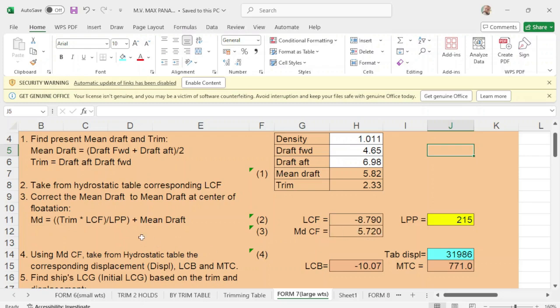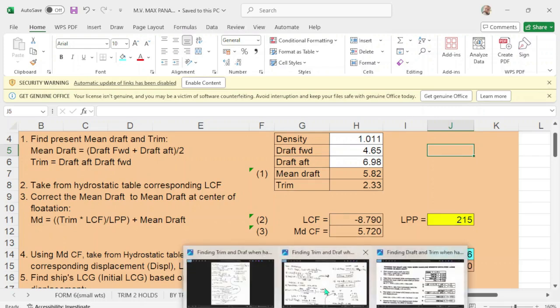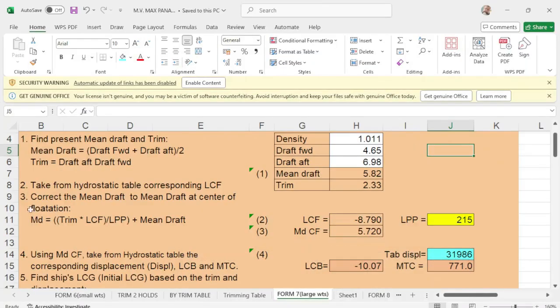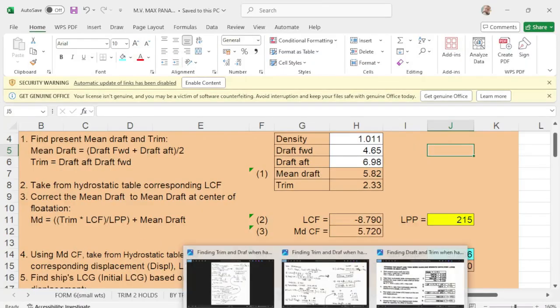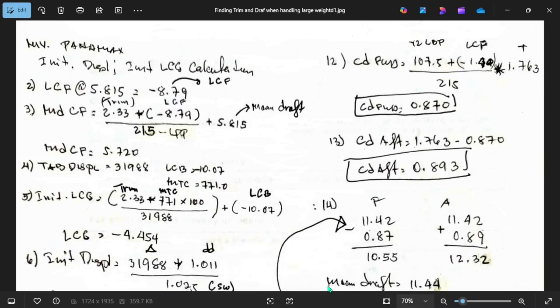The formula is this one. So I have put it in Excel, and what will be that? Number 3 here. I put it manually, and the answer is mean draft at center of rotation is 5.72.